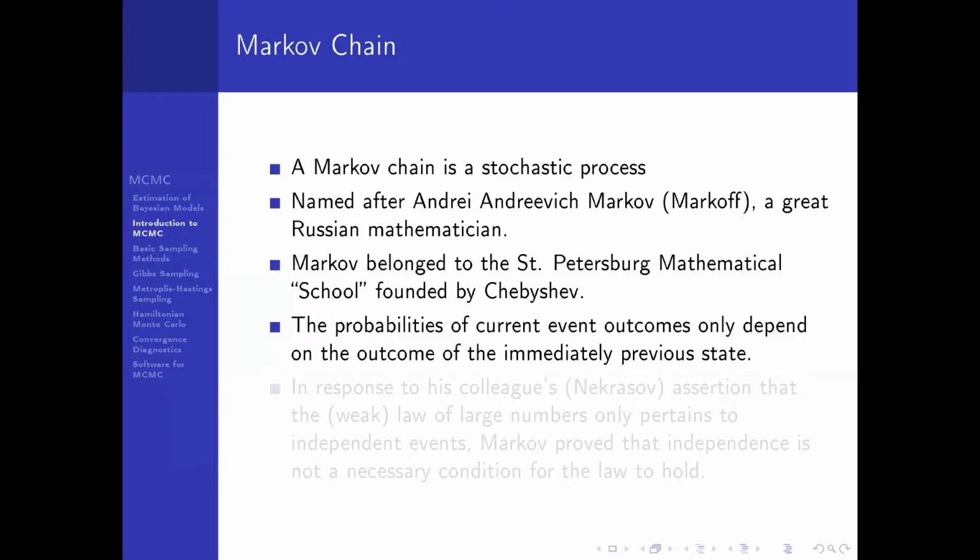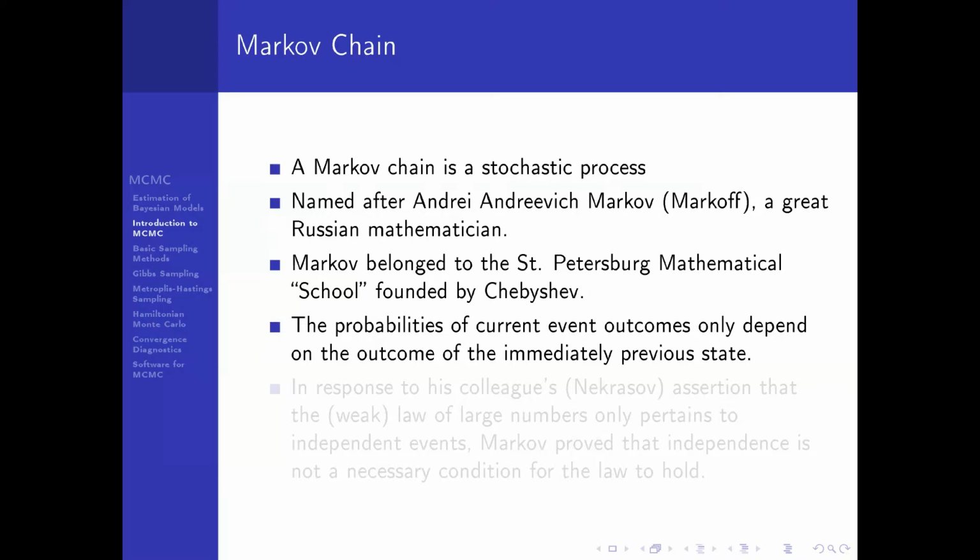Let's say yesterday was a sunny day. Then today's probability of having a rainy day is, let's say, 0.6. A sunny day again is 0.2. A cloudy day is 0.2. See, depending on the weather state of yesterday, the probability of having a sunny, rainy, and cloudy day also varies. So that's the main idea of Markov chain.